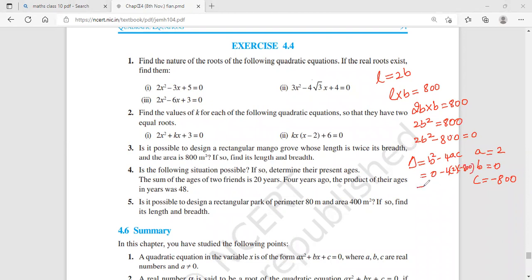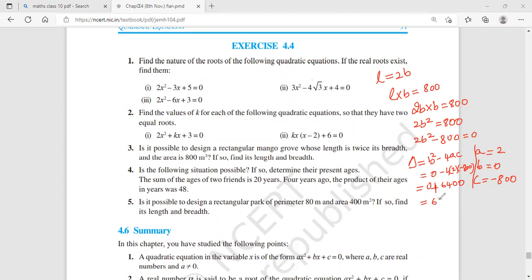So minus into minus plus, 4 2s are 8, 8 into 800 is 6400. Sorry, I made a mistake earlier. 6400 is the correct one. Okay, let me draw a line. So 0 plus 6400 gives you how much?